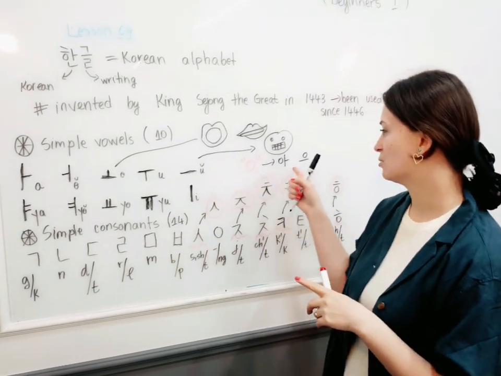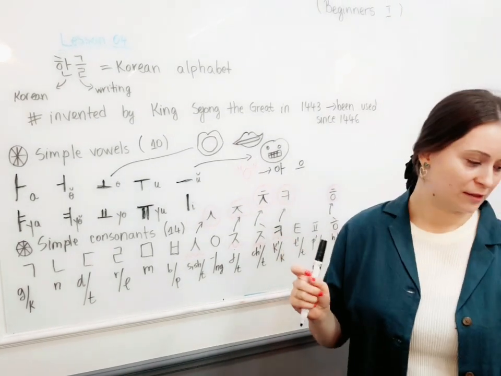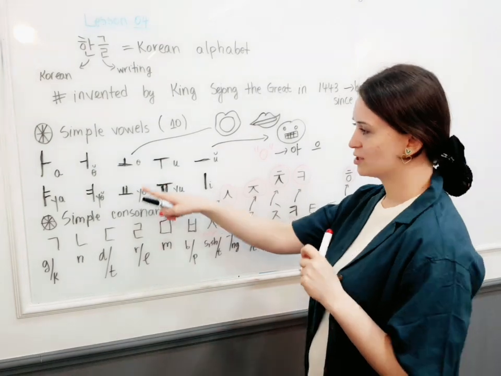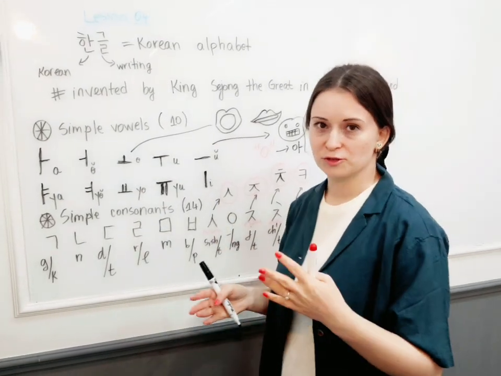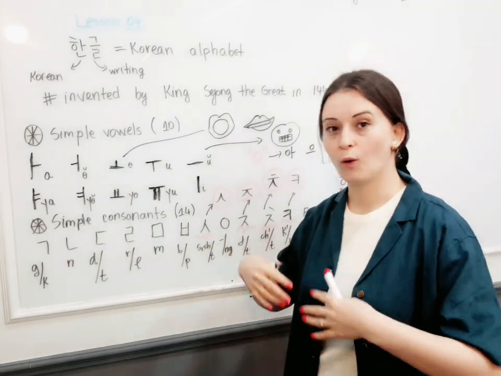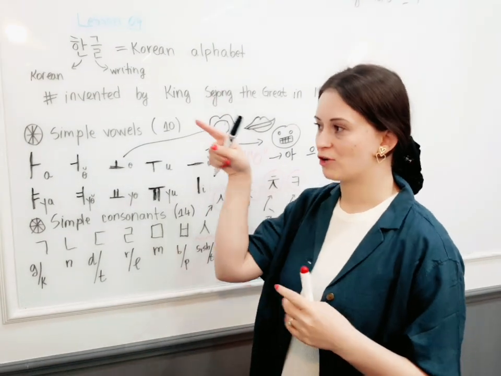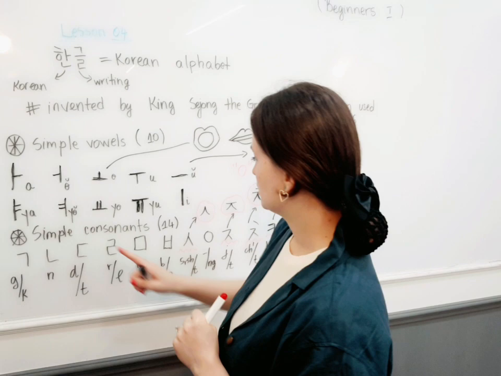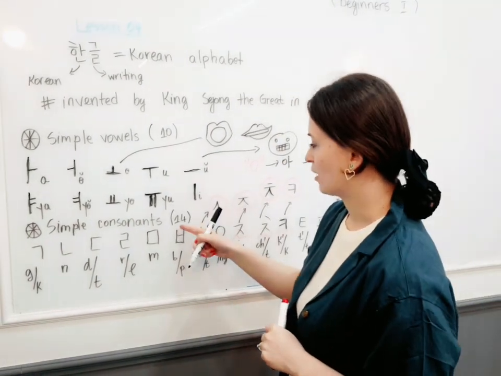But we are going to study these in a later lesson. I think it's lesson number 5 if I don't mistake. For now, we just get introduced to the alphabet. We know how to write it in order, because if you write the strokes in order, you make it prettier. Okay, then we go on with the consonants, and the basic consonants are 14.